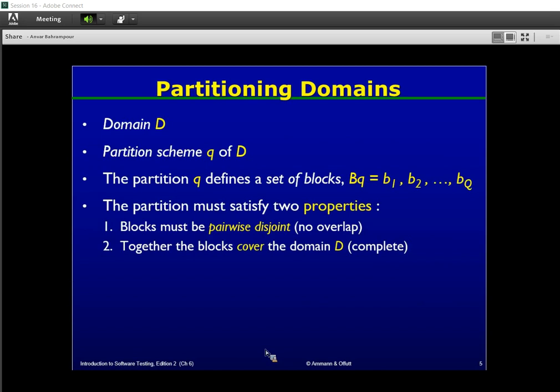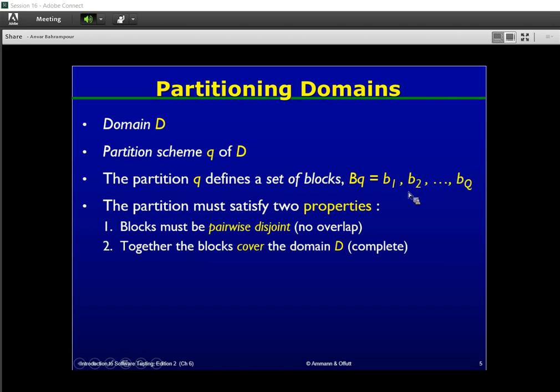So we officially define the domain as D, and a partition scheme Q of D, which partitions the domain D into a set of disjoint blocks.